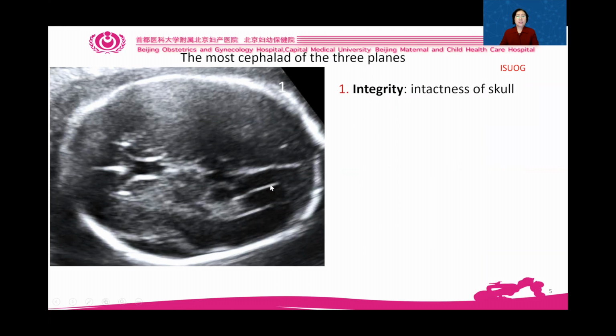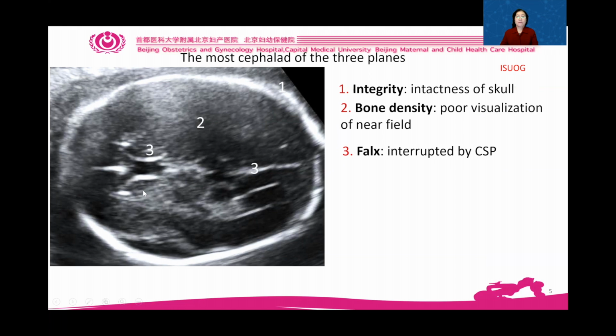So in the 3 planes, first we should note the integrity. Integrity is the intactness of the skull. The second is observing bone density. For bone density, we can see poor visualization of the near field.